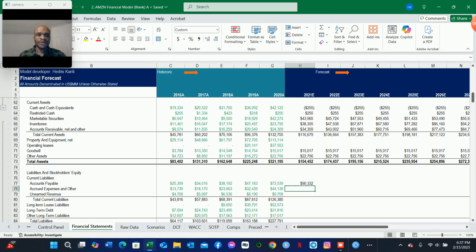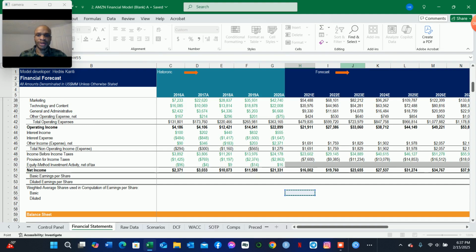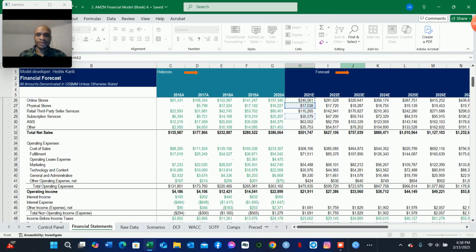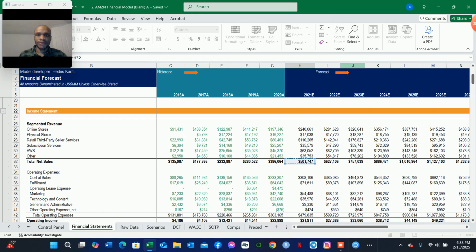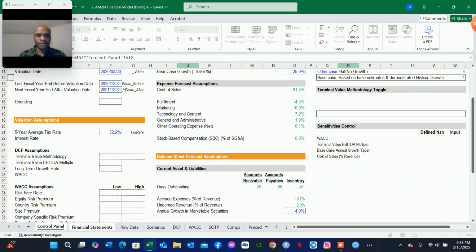For accrued expenses, all of these are going to be a function of revenue. So accrued expenses, we're going to base that on revenue. So we take the total net sales, reference that cell with F4 2 times, then we multiply that by, we go to the control panel where we have the accrued expenses as a percentage of revenue.